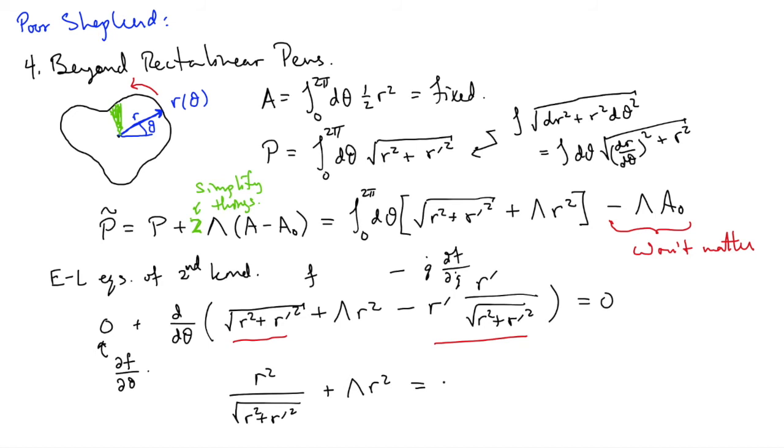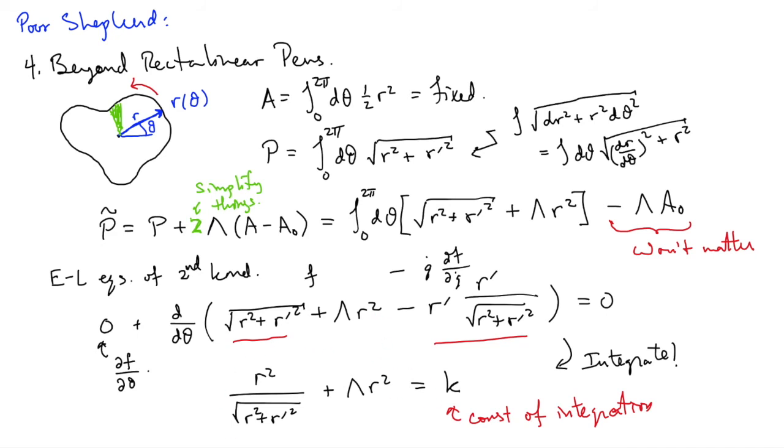And this is equal to a constant, and we're going to call that k. This is just integrating. And this k is our first constant of integration. So that's something that we're going to have to know how to set. And of course, we have our Lagrange multiplier sitting there.